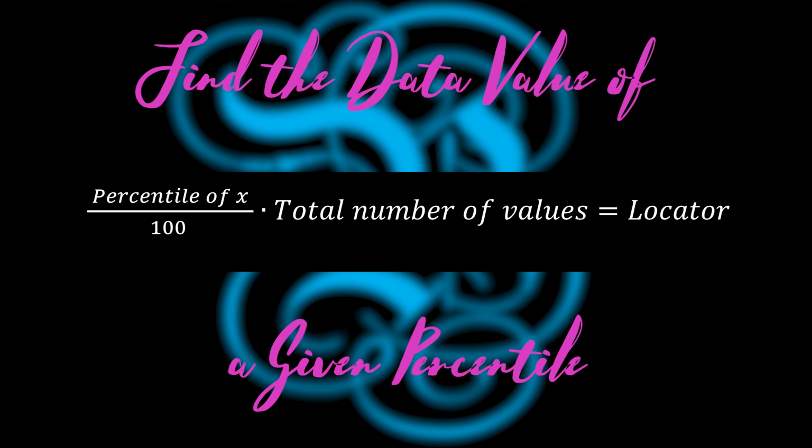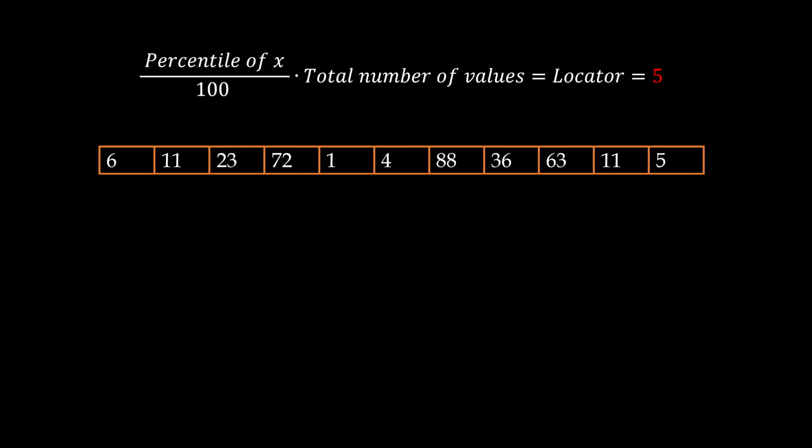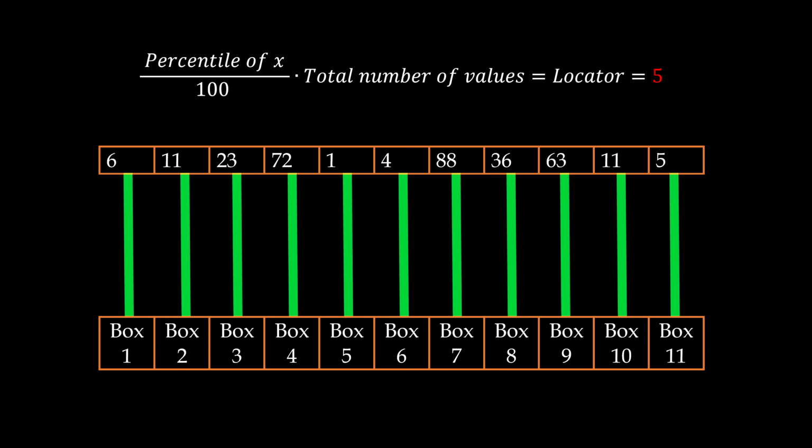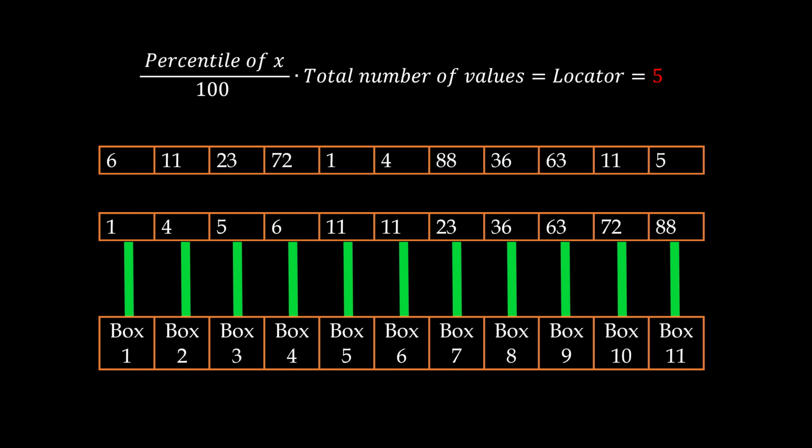For example, if I have a data set with 11 values, we first rearrange them in ascending order. Then, if we are given that our locator computes to 5, then we are referring to this box and the data value that's inside of it.